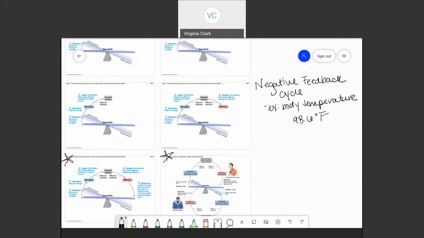So how are we going to do that? We're going to follow this process of stimulus, receptor, input, output, response.